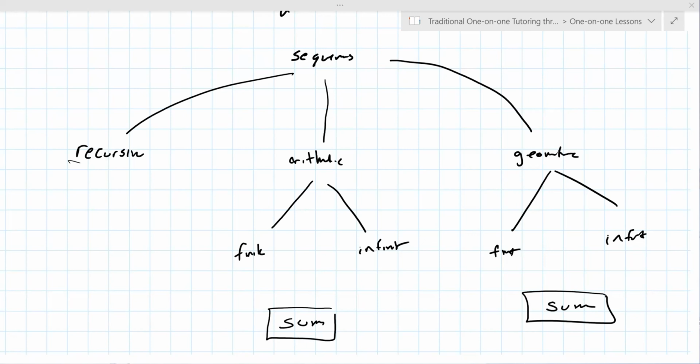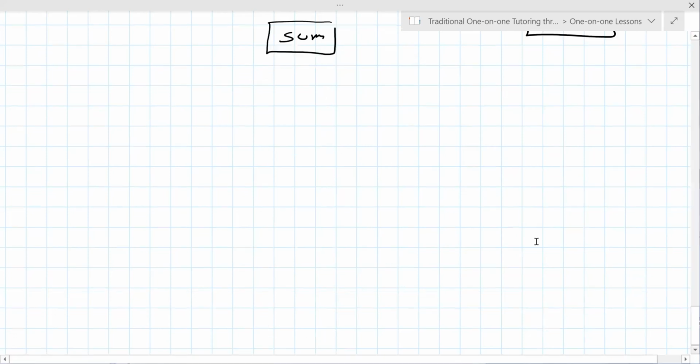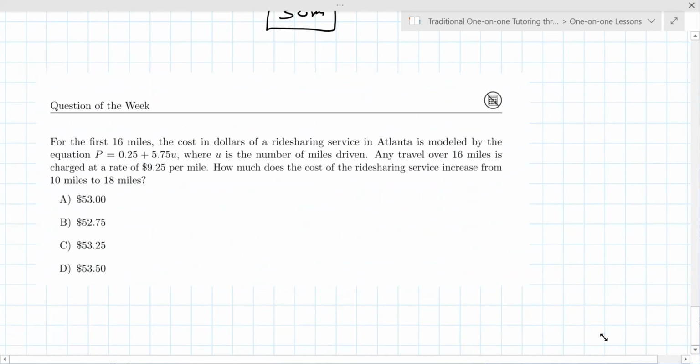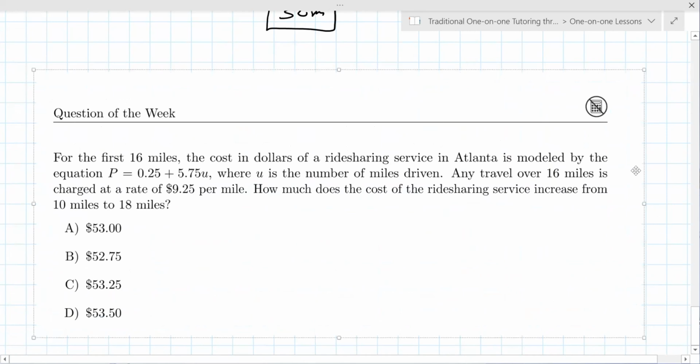Sure. It feels like we did this last week, but I had an issue with the wrong question being up. So you tell me if we've already looked at this when I put it up here. Is this something you guys have seen before?